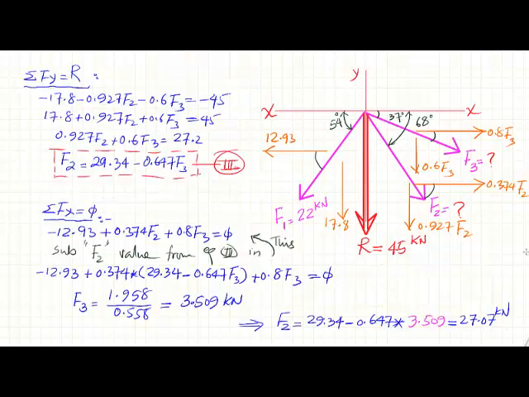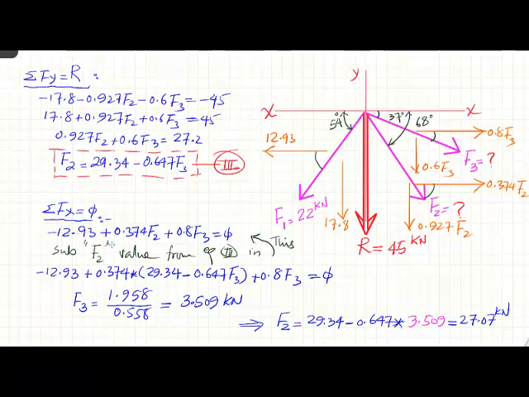In this part I will just go through the calculation based on the two concepts that we set for ourselves to solve this problem. First, we said the sum of all forces in y direction is equal to the resultant itself, and the other is that the sum of all forces in the x direction is equal to 0.